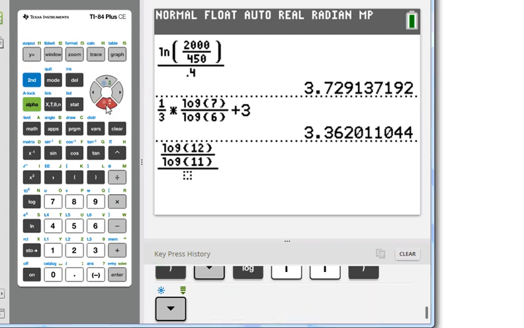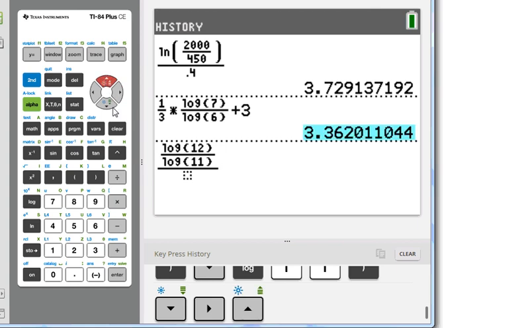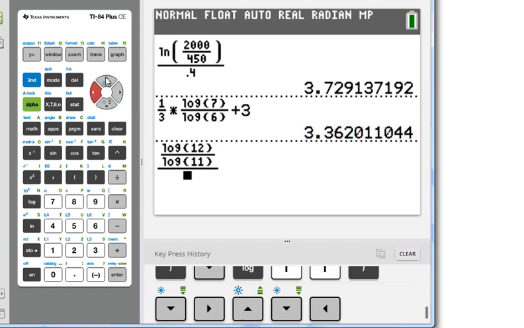And we're going to go up here and put minus 2.